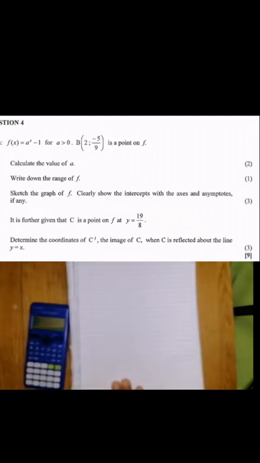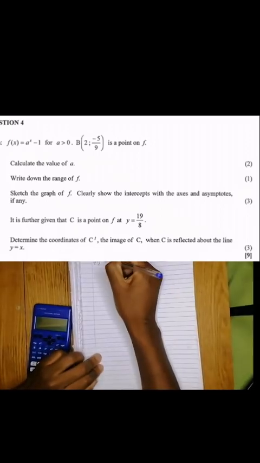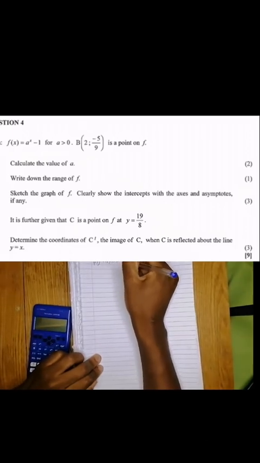Since we are calculating the value of a, we are given a coordinate that lies on the function, which is b, where for x we have 2 and for y we have negative 5 over 9. So we substitute where we see y and x. Our function is f of x equals a to the power x minus 1.